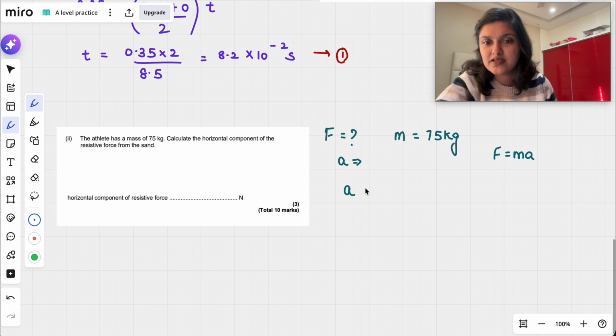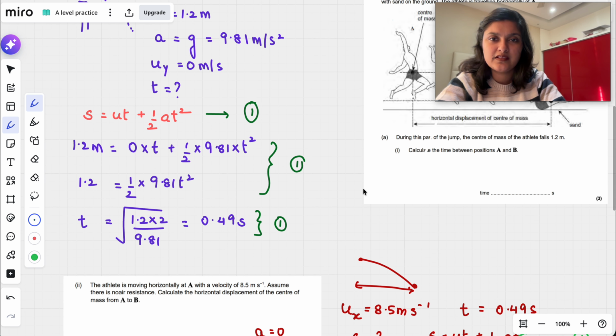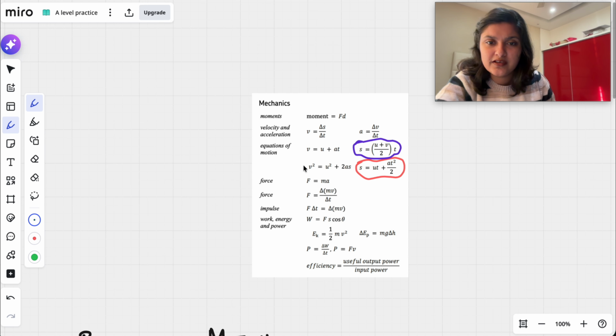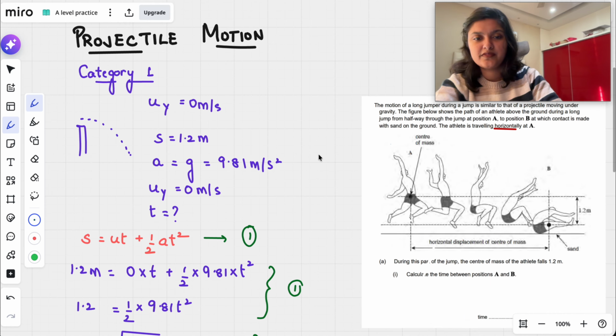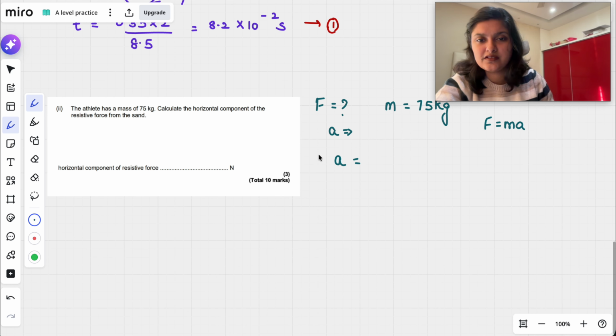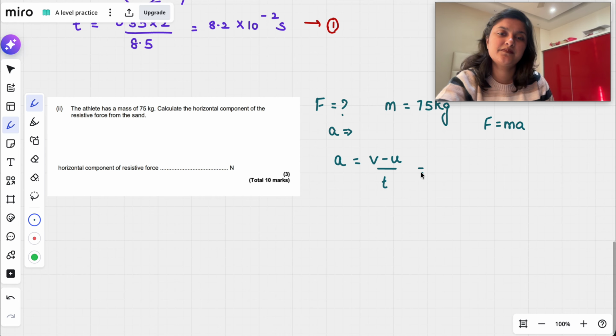So acceleration is, let's look at the formula sheet again. This formula. If you rearrange it, acceleration is V minus U over T. So we can write it over here, V minus U over T. Now what's your V value? Your V value is 0. Why? It's coming to a stop. Your U value is 8.5.